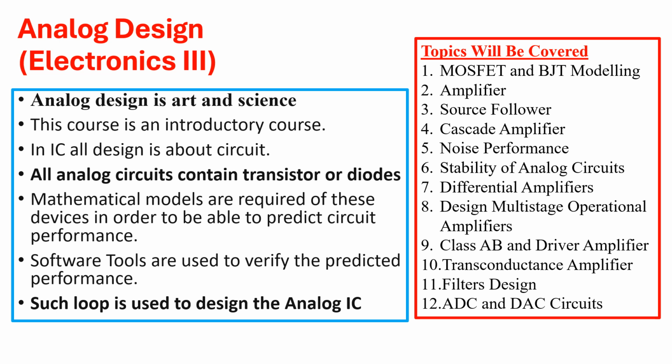Class AB amplifiers combine the advantages of class A and class B designs, offering high efficiency and linearity, while driver amplifiers provide the necessary power to drive the output stage. Transconductor amplifiers: a transconductor amplifier converts input voltage to output current, providing gain and linearity in applications such as analog signal processing.